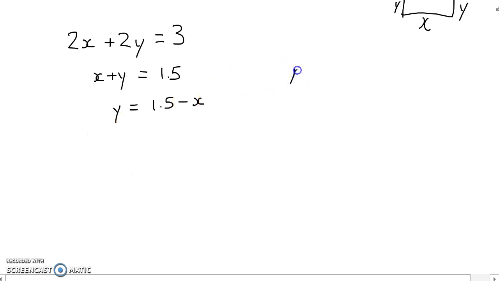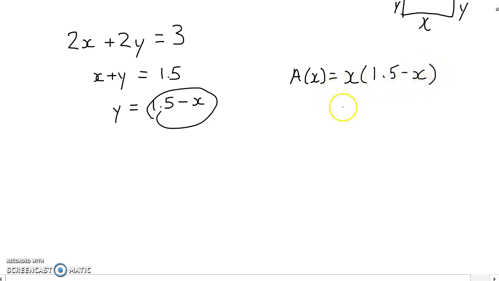So we can write A of x equals... The area would be x times y. So it would be x times what we have now as our y, 1.5 minus x, which equals 1.5x minus x squared.